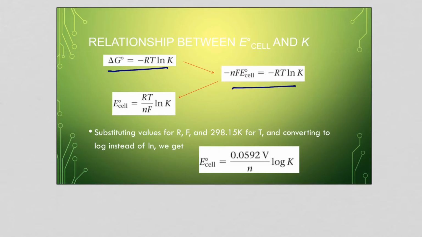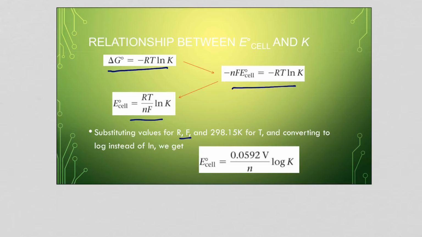Now, this form of the equation is fine. We can use this equation. Typically, when you see this equation displayed, though, they will have made some changes to it. First of all, we will typically substitute in the values of R and F, R being 8.314 joules per mole Kelvin, and F being Faraday's constant.